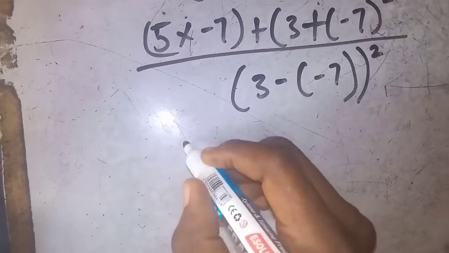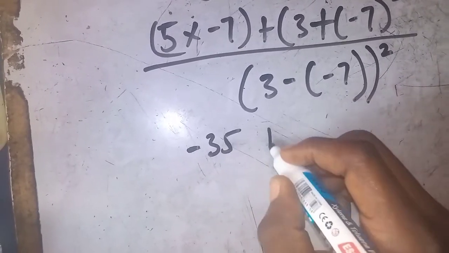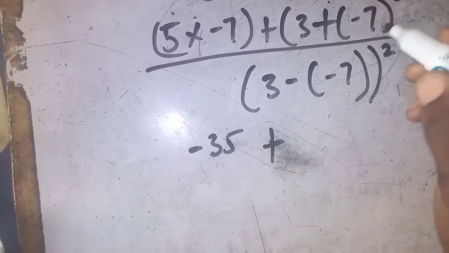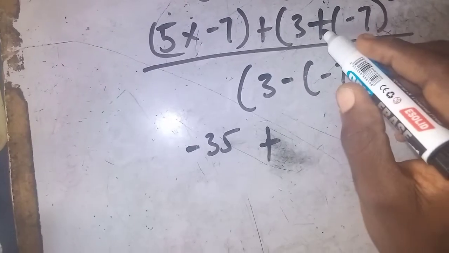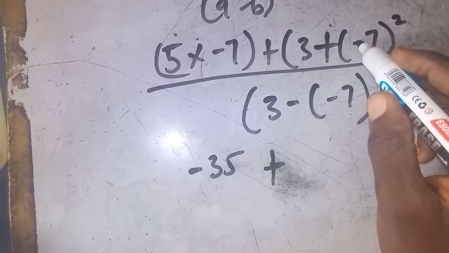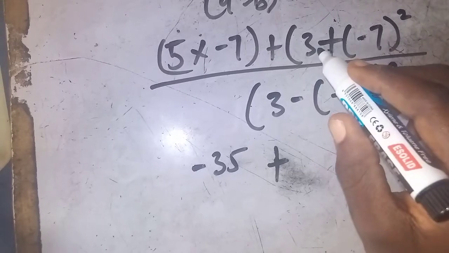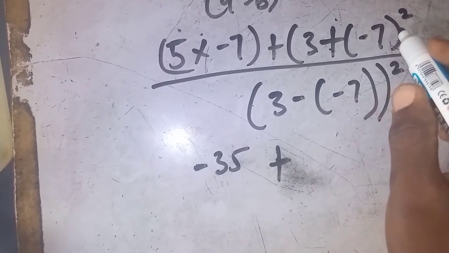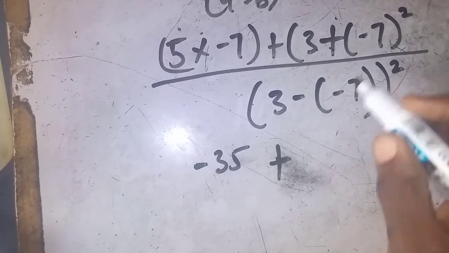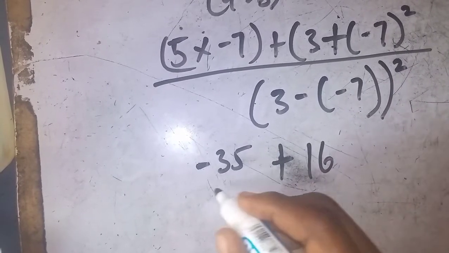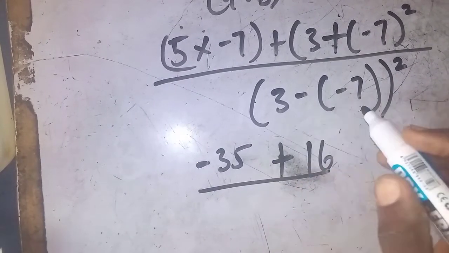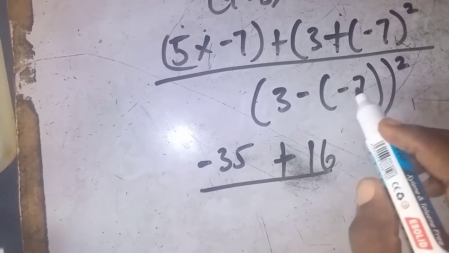So 5 times minus 7, minus 35, plus 3, this plus we multiply this minus. So what we have is 3 minus 7. So 3 minus 7 will give us minus 4. Minus 4 squared will give us 16 over 3 minus 7.